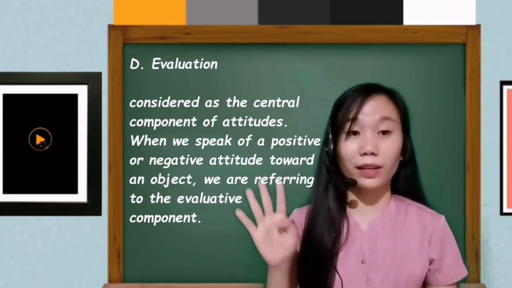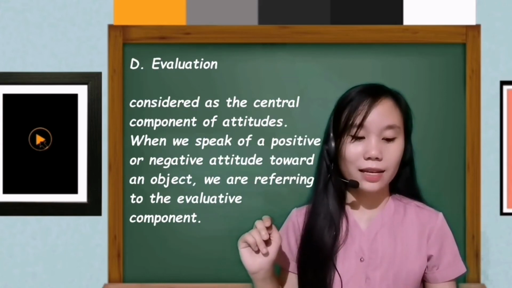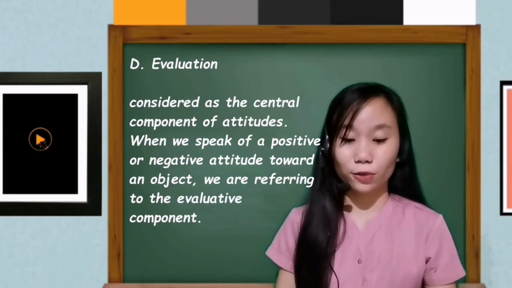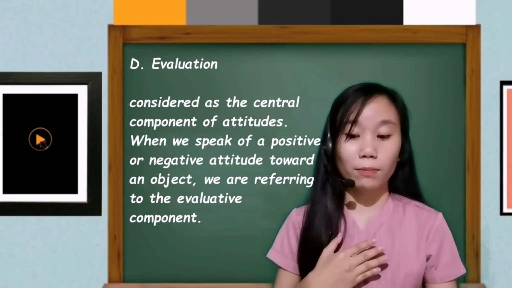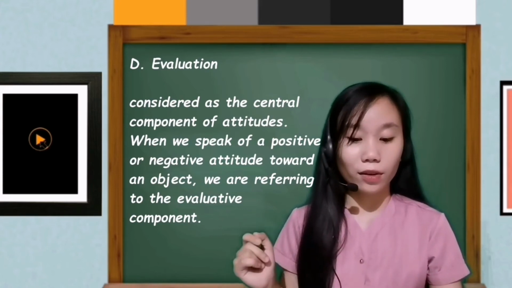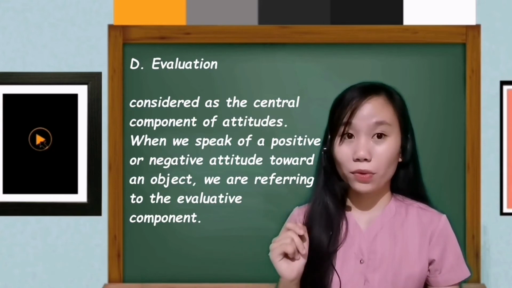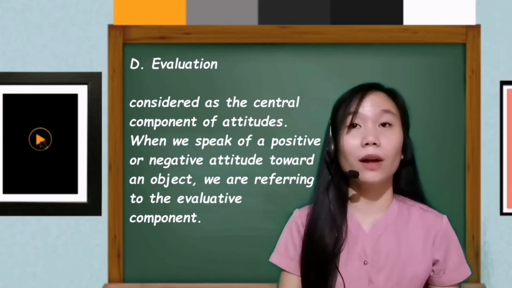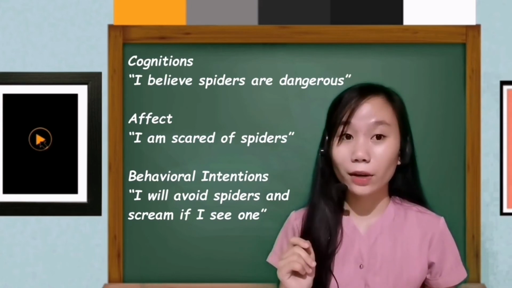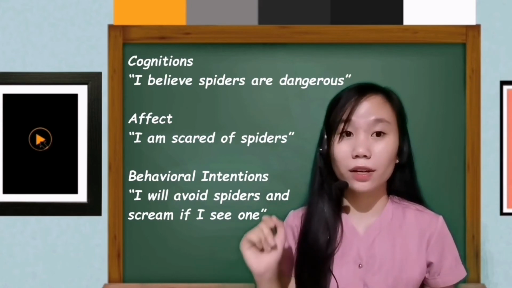And the fourth and last component is evaluation. It's considered the central component of attitude. When we speak of a positive or negative attitude toward an object, we are referring to the evaluative component. For example, the one I told you earlier about the spider: I believe that spiders are dangerous.